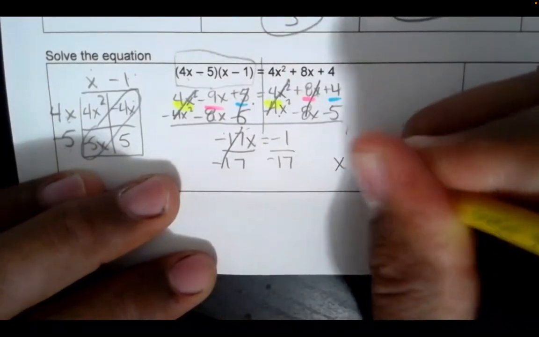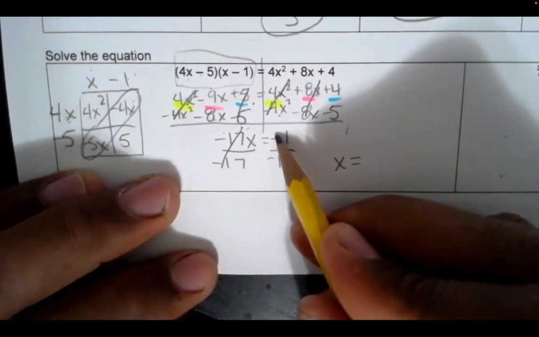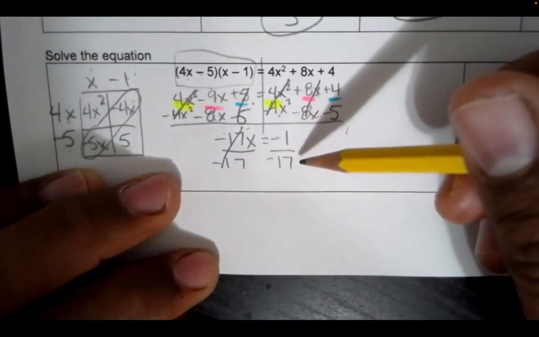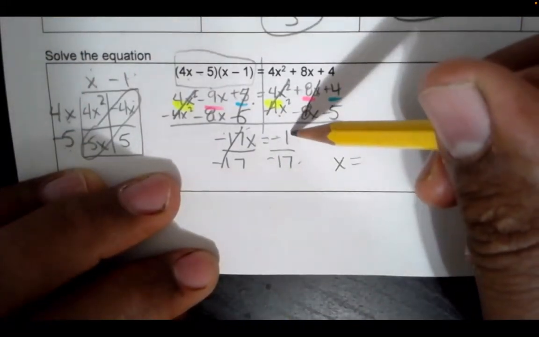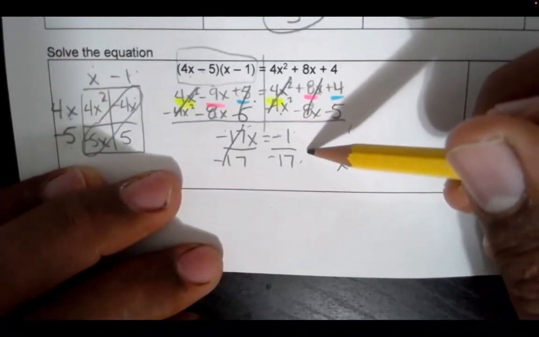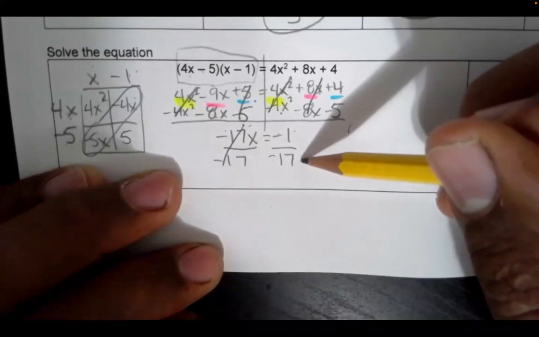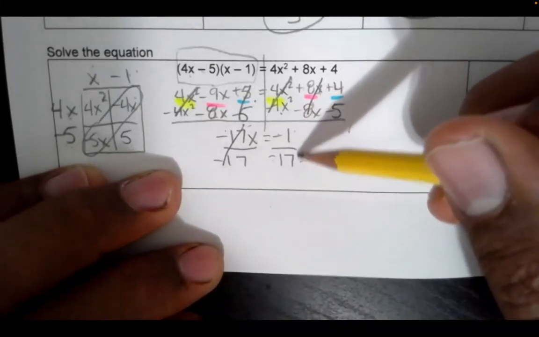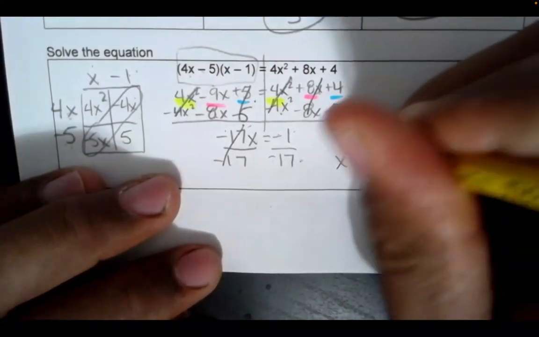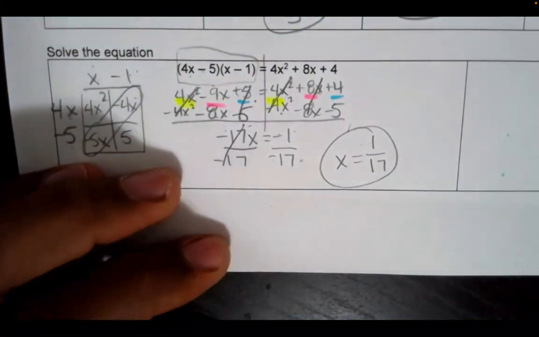And so now x equals, well, first that's negative divided by negative, so this will become positive. But I can't divide 17 into 1. And so that means it's going to be a fraction, since the number on the bottom is bigger. And I can't divide anything into these two numbers, so I basically just keep it as a fraction. And there's my final answer.